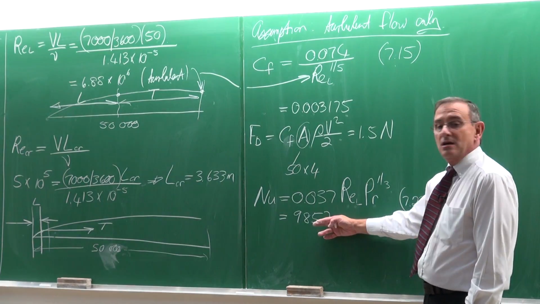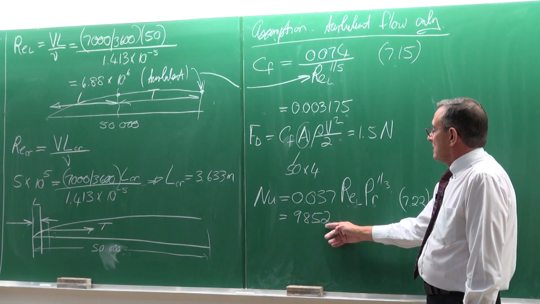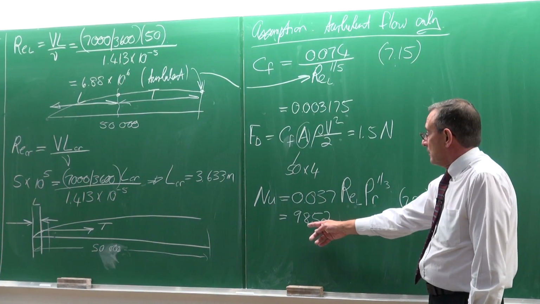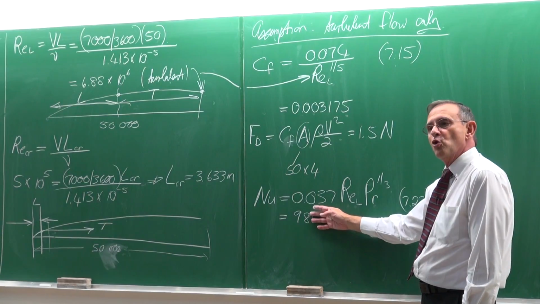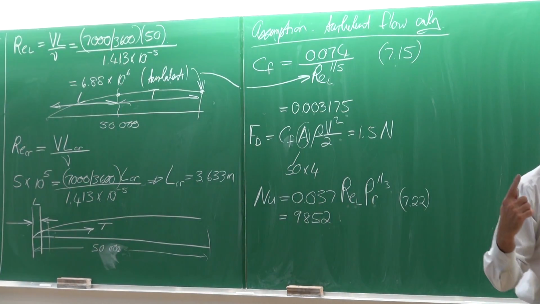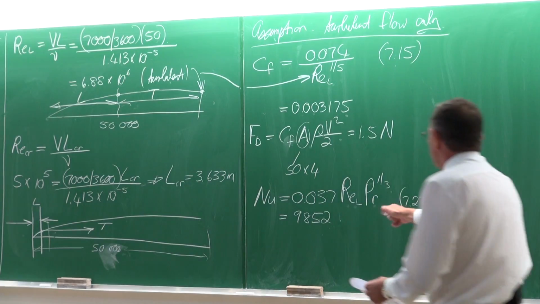What does it mean? It means that the heat transfer will be almost 9,900 times more than that of conduction only. So the convection causes the heat transfer rate to increase by almost 9,900 times. That's what it means.